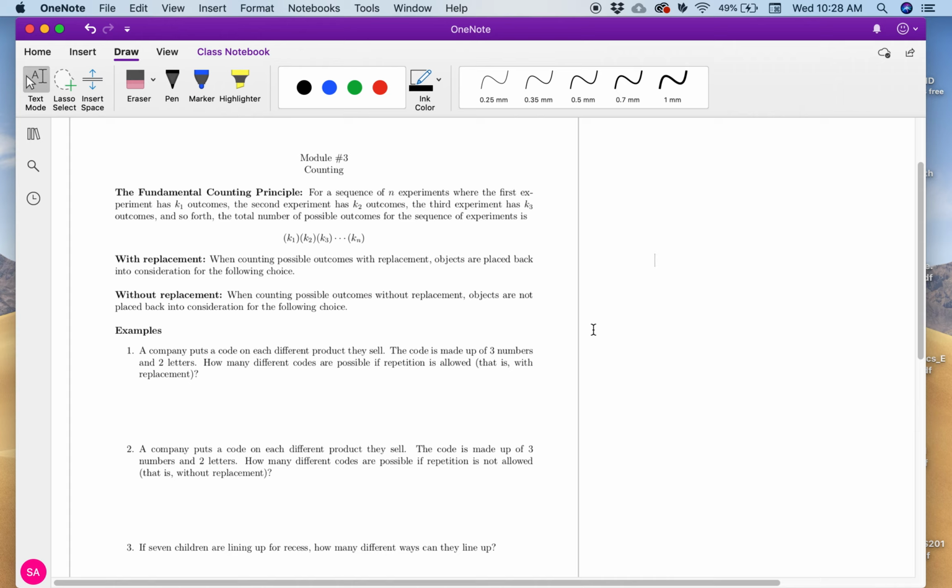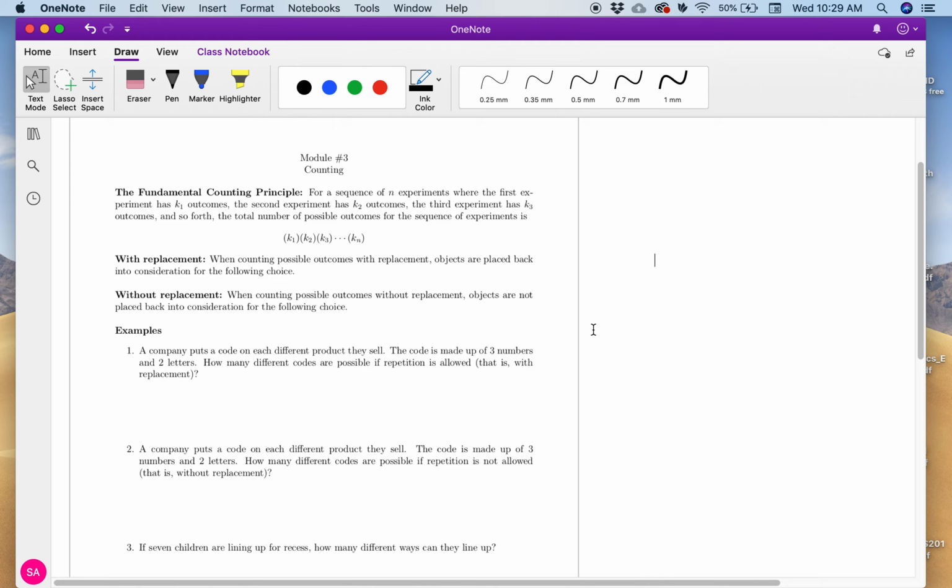So for example, if we think about a deck of cards, to tie it into probability, say you're going to pick out two cards. If it's with replacement, you would pick out the first card, put it back, and then pick out another card.